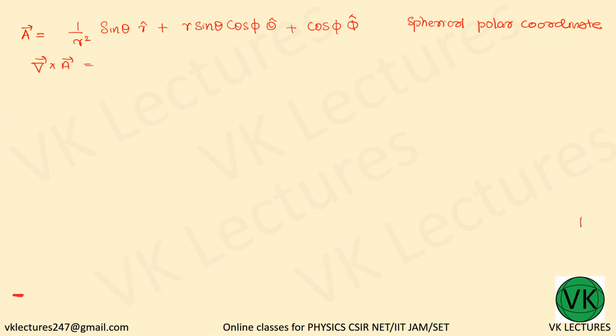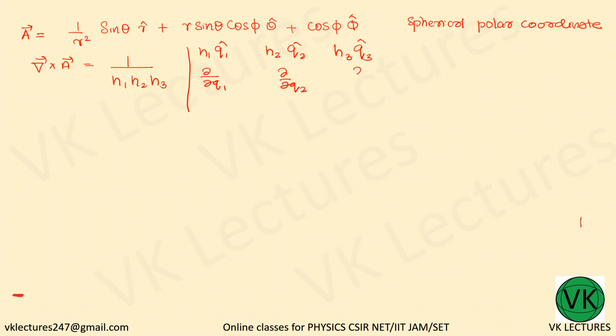in general coordinate system. So 1 by h1 h2 h3, determinant with h1 q1 cap, h2 q2 cap, h3 q3 cap, dou by dou q1, dou by dou q2, dou by dou q3, h1 a1, h2 a2, h3 a3.